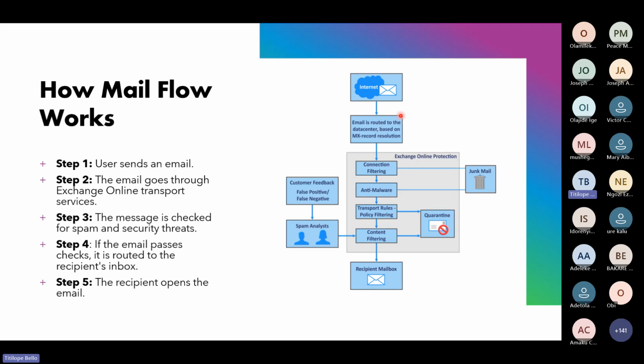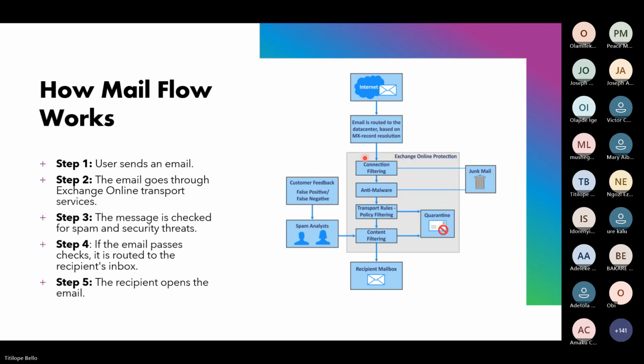Once the internet is able to provide that, your server is then able to send that email to the recipient server. In this case, we assume the recipient is Office 365 or Microsoft 365 as well.